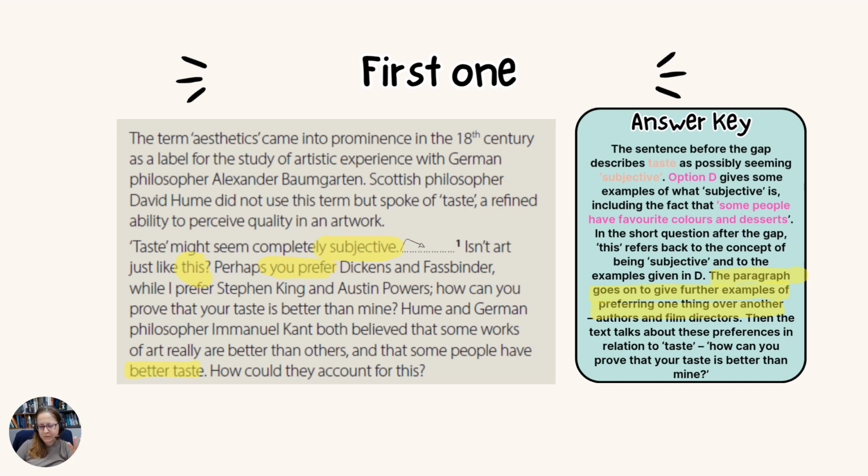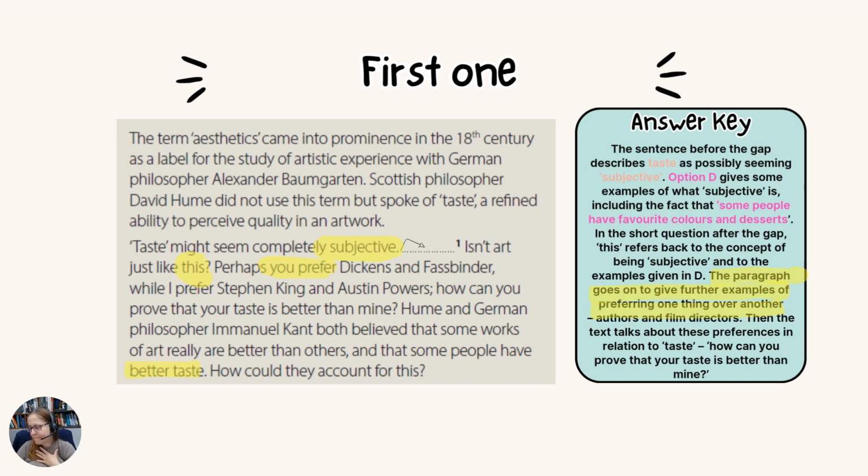Even when the rest of the text is very formal and academic, the example is not that much so. It says some people have favorite colors and desserts. We're talking about philosophers, and then we have a lower register to give an example. But yes, this is the correct answer, and it says the paragraph goes on to give further examples of preferring one thing over another.